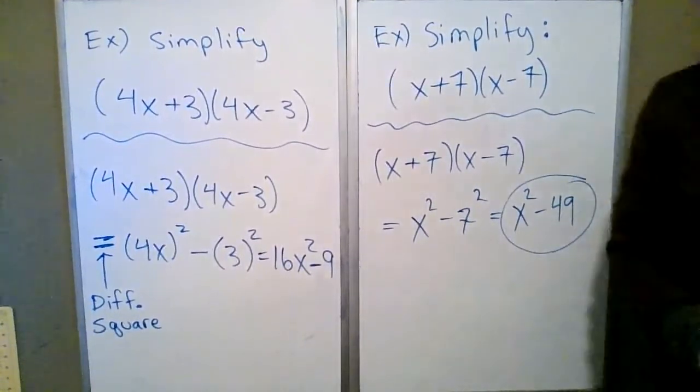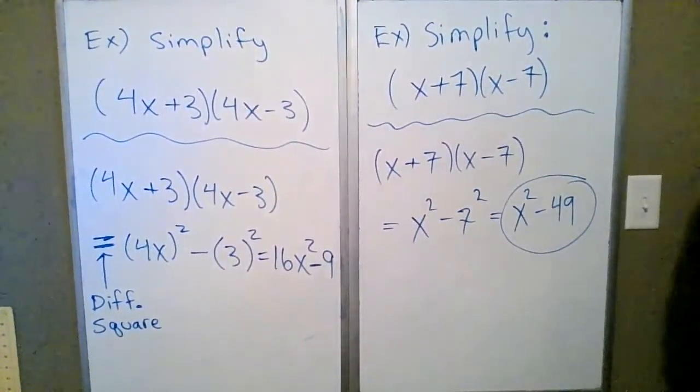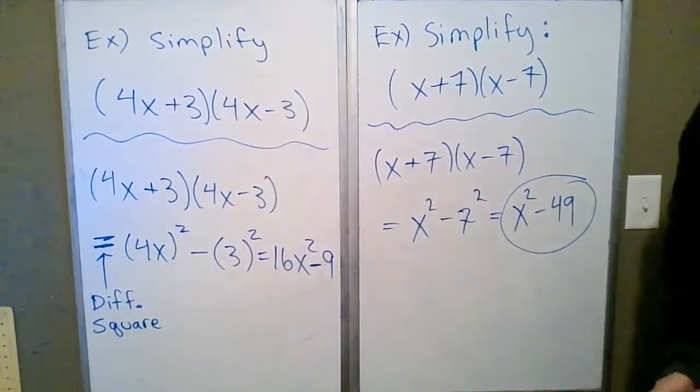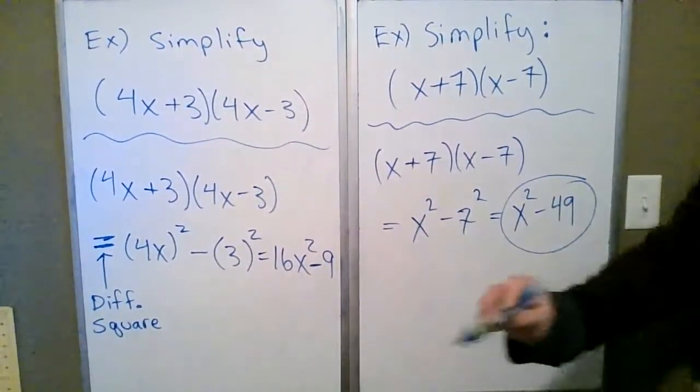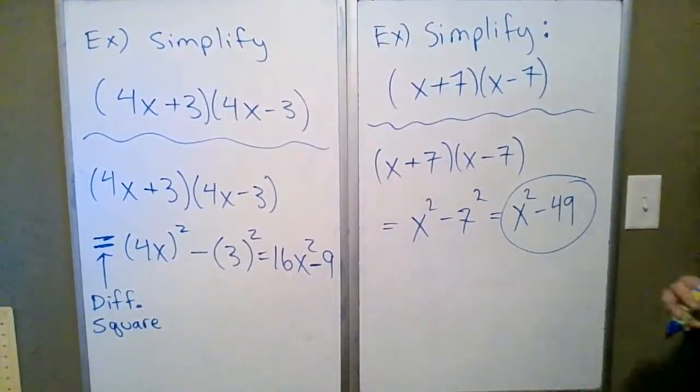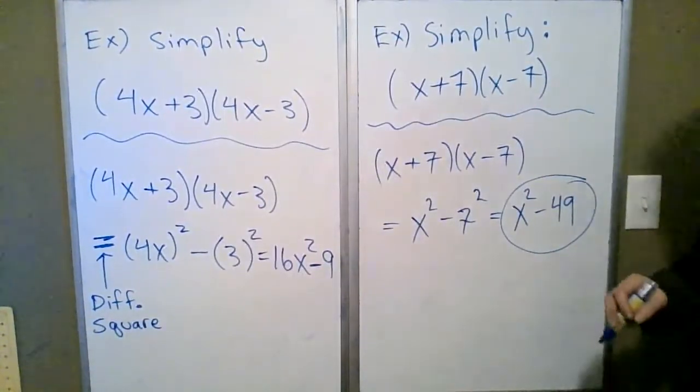All right, we should have plenty of time. That means we can do some examples about dividing first. So we want to divide a polynomial by a monomial.